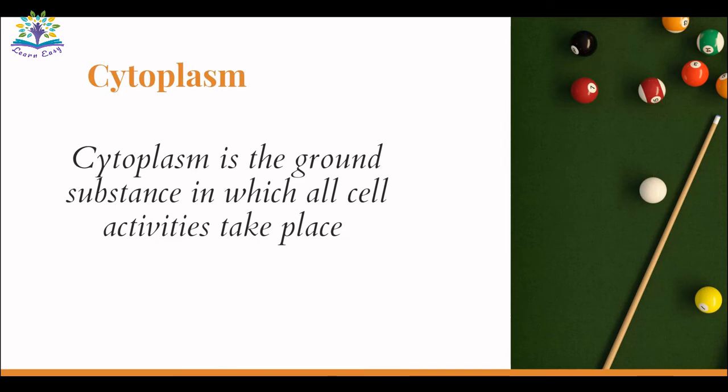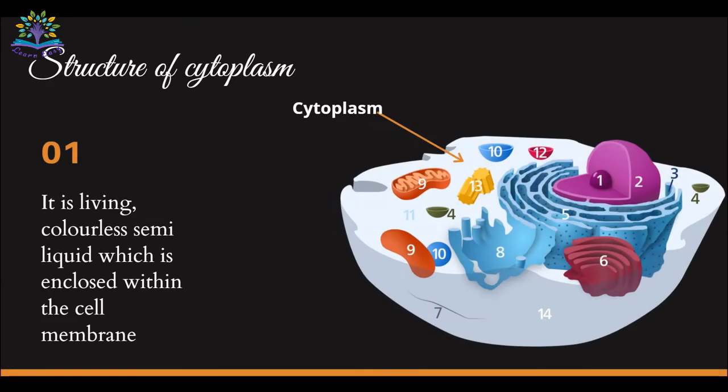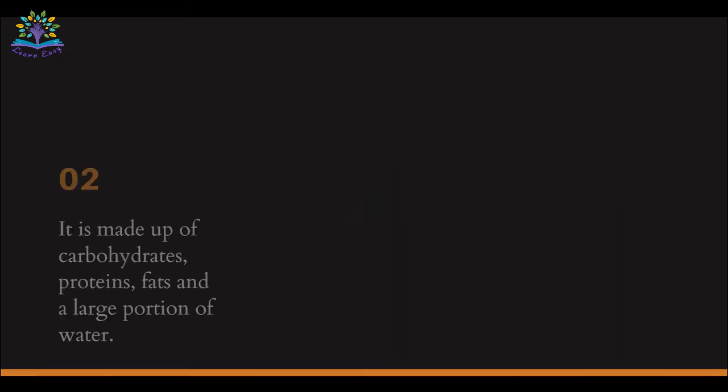Cytoplasm acts as a ground substance where all the functions of the cell take place. Cytoplasm is enclosed within the cell membrane and is the living part of the cell. It is a colorless semi-liquid made up of carbohydrate, protein, fat, and a large portion of water. The part of the cytoplasm, except the organelles, is called cytosol.